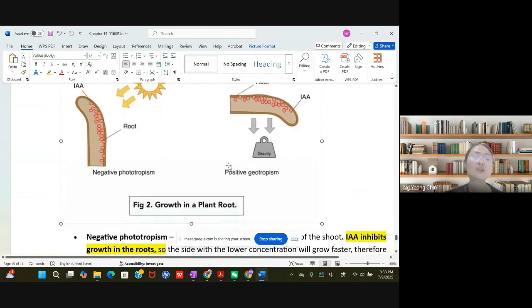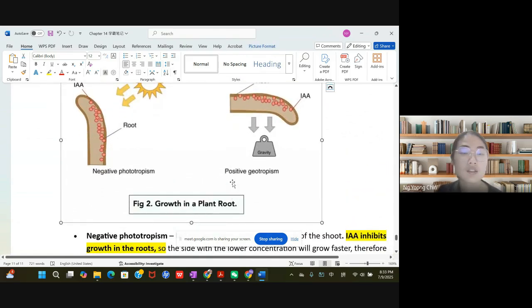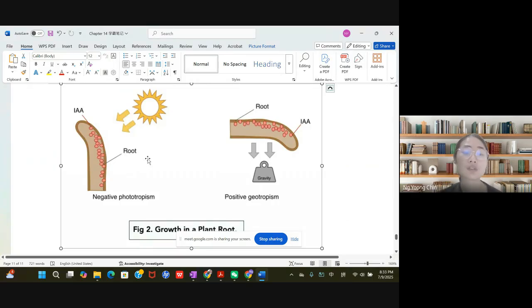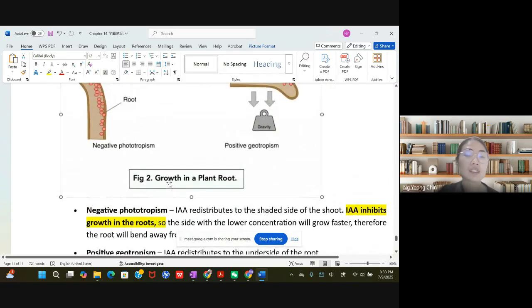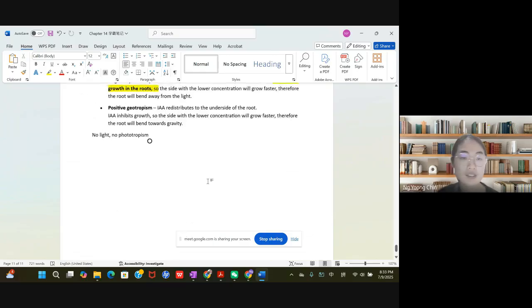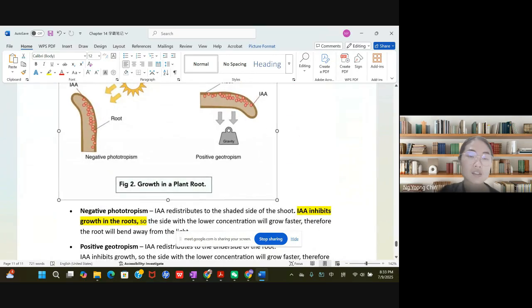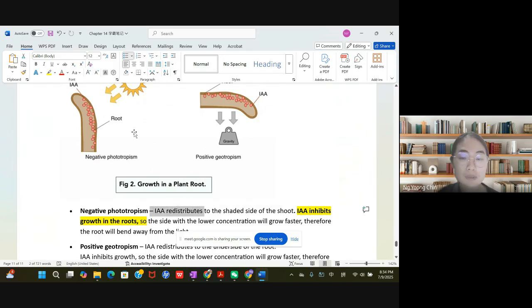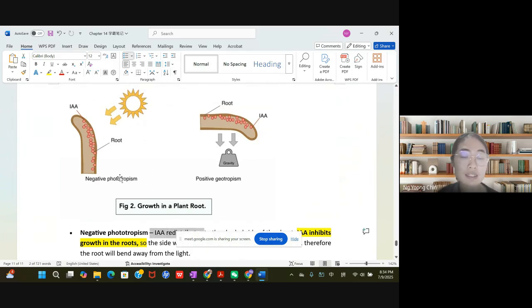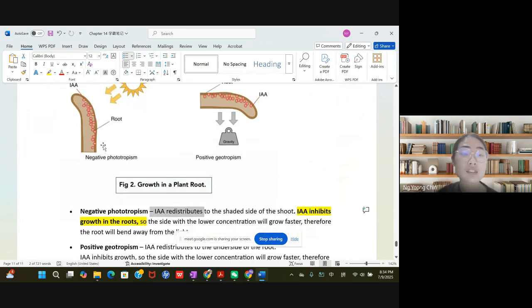Okay, so what happens to the root parts? In the root tips, they also produce auxins. But the story is different from the shoot part, because in the root part, the auxins will redistribute to the shaded side of the root. You can see, this is on the root part, not on the shoot part. So the story is different. Just now in the shoot part, the auxin hid away from the sunlight.